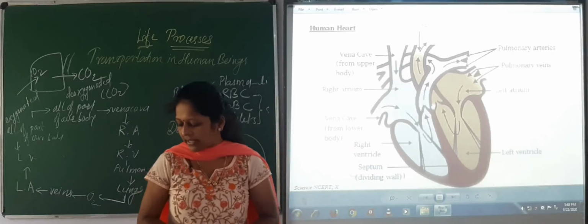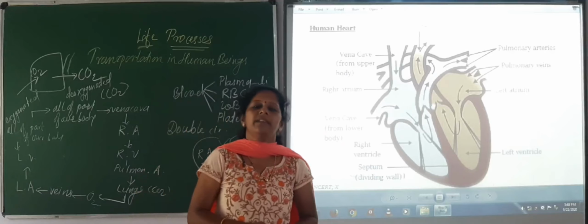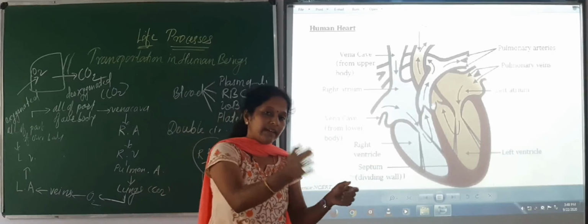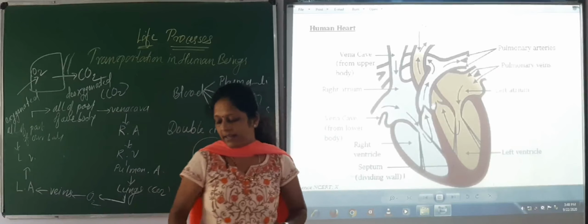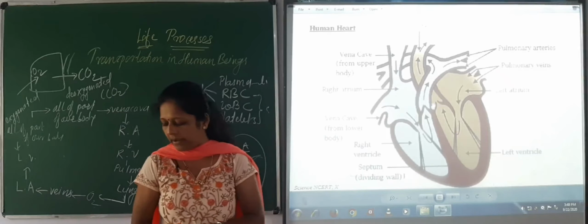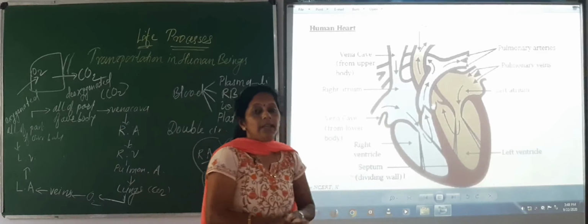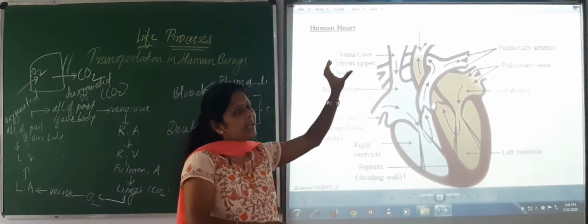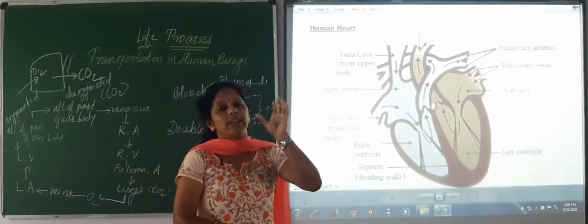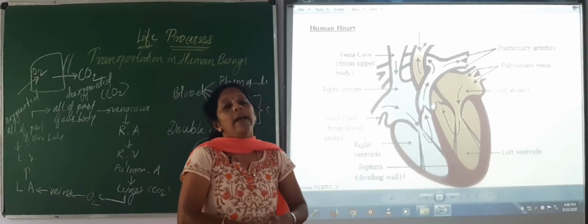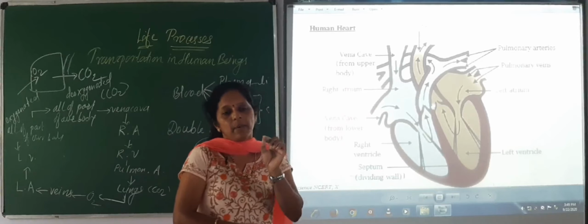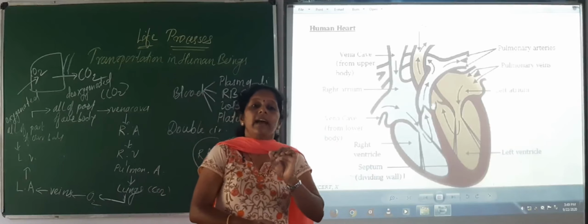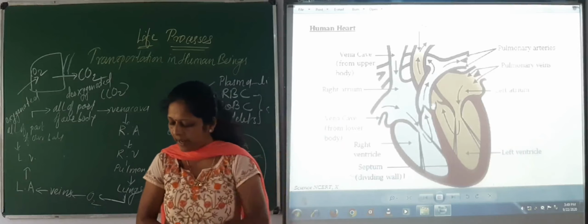The capillaries then join together to form the veins, which convey blood away from the organ or tissue. Where capillaries give oxygen and take the carbon dioxide, they join again together and form the veins. So the arteries are thick walled and divide to form the blood capillaries, which are one cell thick, and there is exchange of material across the thin wall, giving oxygen and taking carbon dioxide.